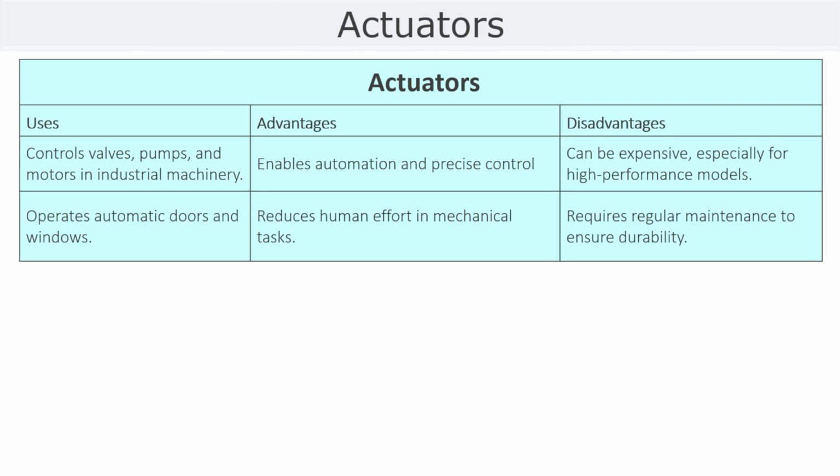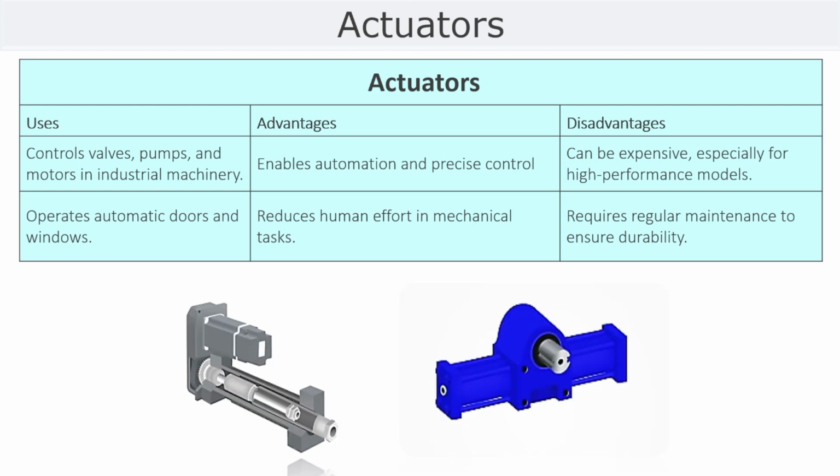The last output device in our syllabus is actuators. Actuators are used to control valves, pumps, and motors in industrial machines, and they operate automatic doors and windows in a greenhouse. Some advantages of the actuator are that they enable automation and precise control.